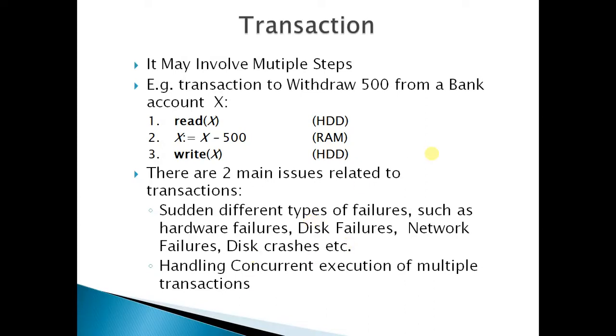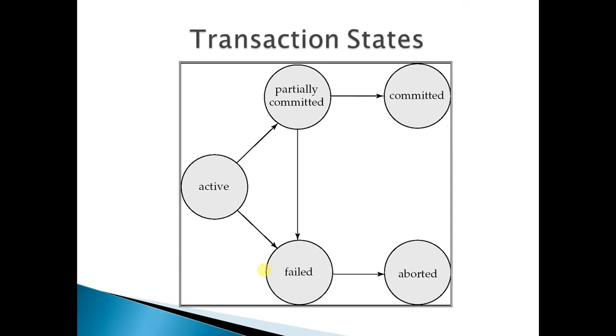For example, your bank account can be accessed through different ways like ATM, mobile app, or the bank counter, and different applications may access your same account at the same time. Such a situation is called concurrent execution of transactions. So in this scenario, we have to take care of many things that we will see in coming slides and coming tutorials.